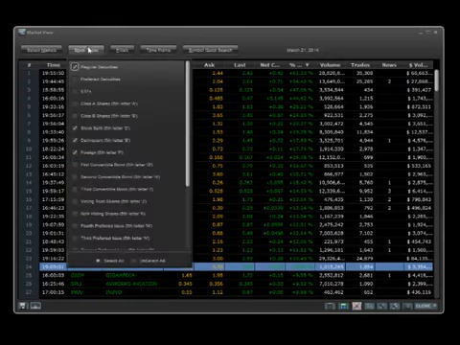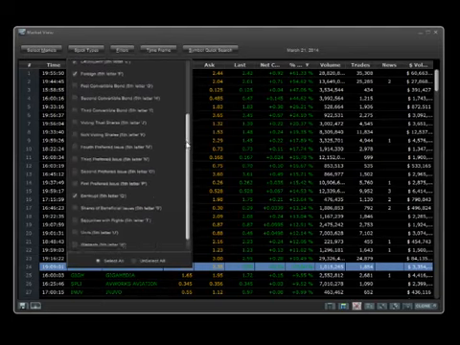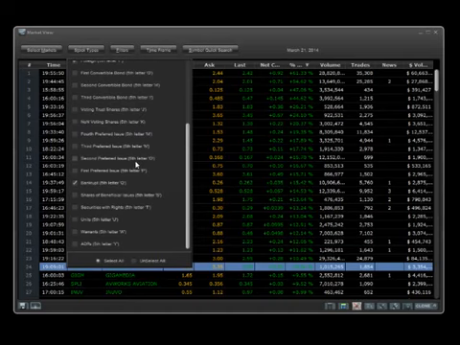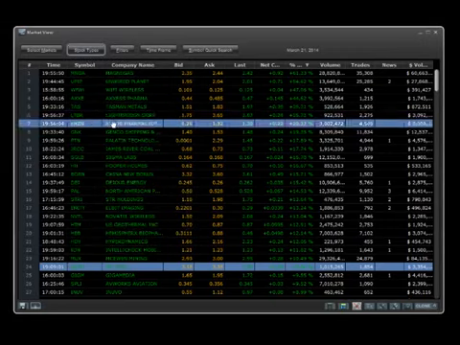Then stock types, a whole bunch of different stock types. These are the ones I trade: regular securities. I guess the average stock trader doesn't know this, which is pretty interesting, but the fifth letter in a stock ticker means something. For example, let's look at this list real quick.